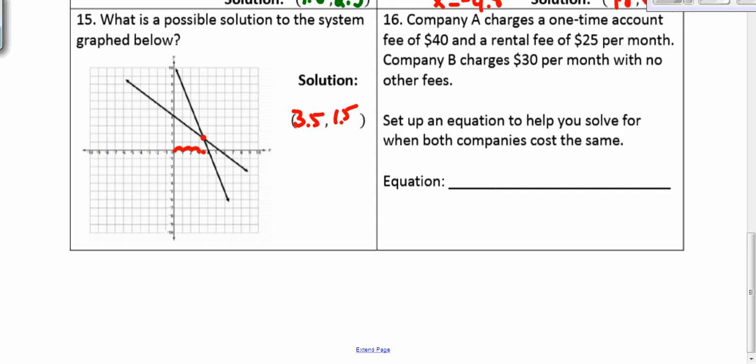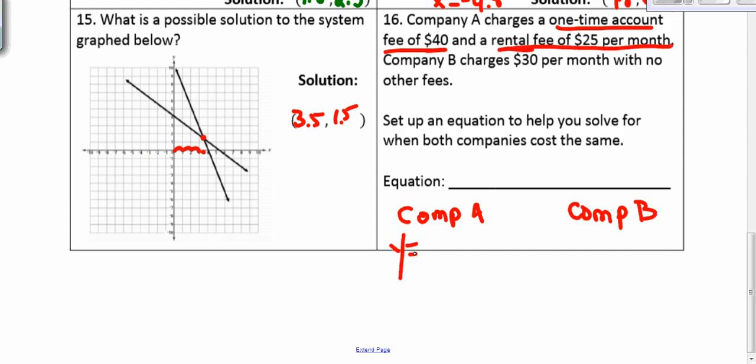This one, whenever you're comparing companies, you're basically going to put a nice equal sign in the middle and then put company A and company B on either side. So company A charges a one-time fee of $40 and a rental fee of $25 per month.